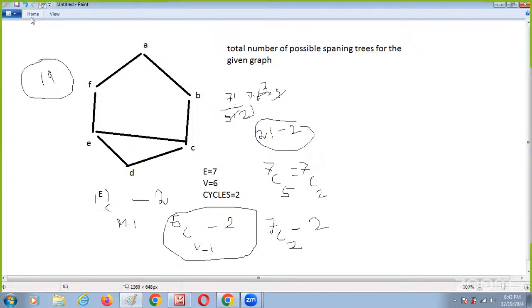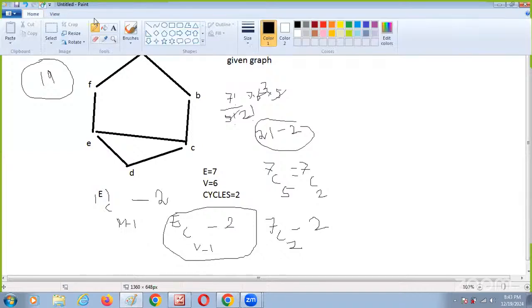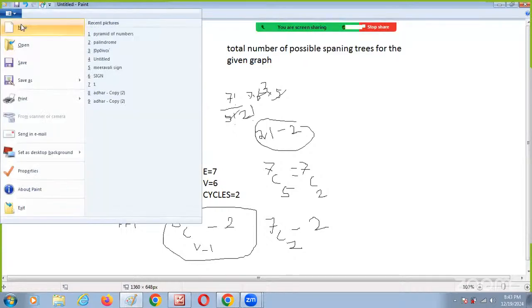I want to find only the minimum cost spanning tree.